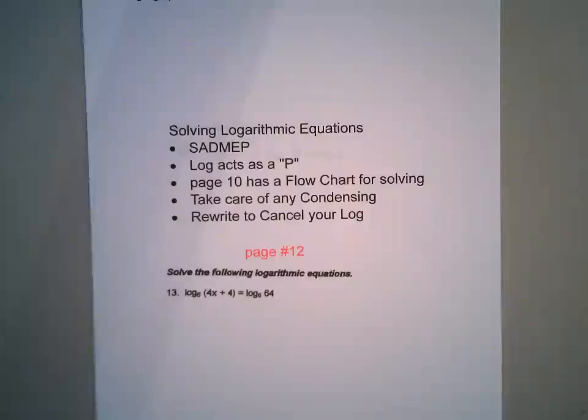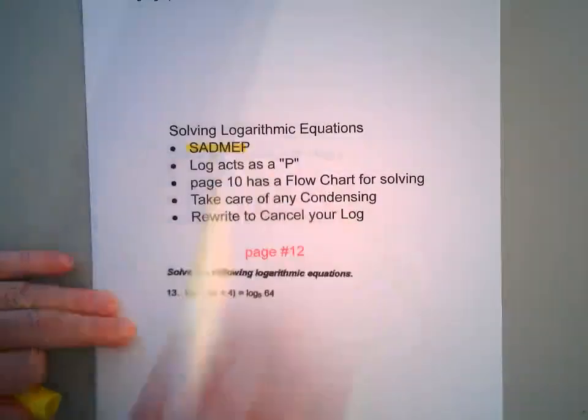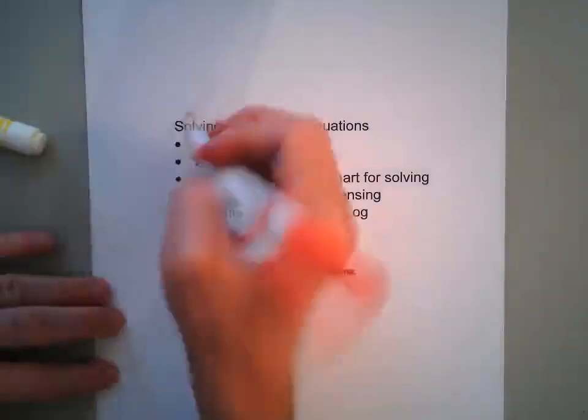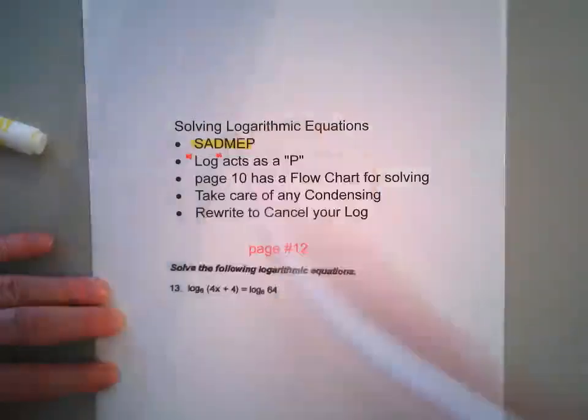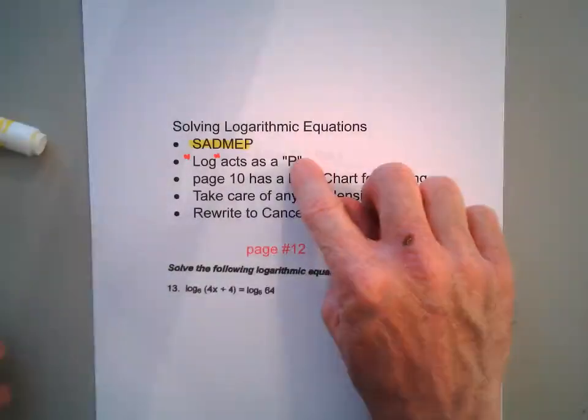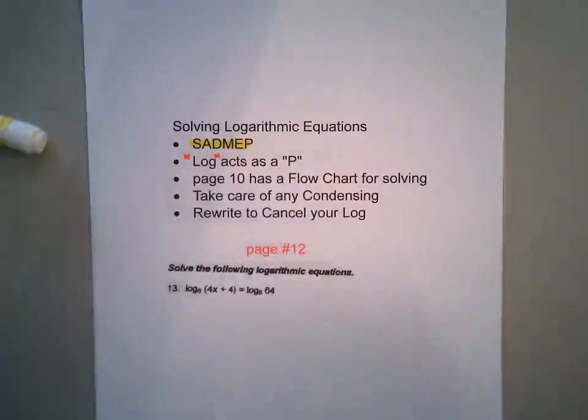We're going to use SADMEP as our primary way to remember how to solve these equations. You'll see L-O-G in the equations because these are logarithmic equations. The log is going to act as a P, as in parentheses. So we'll do everything outside of the logarithm first before we get to the logarithm.